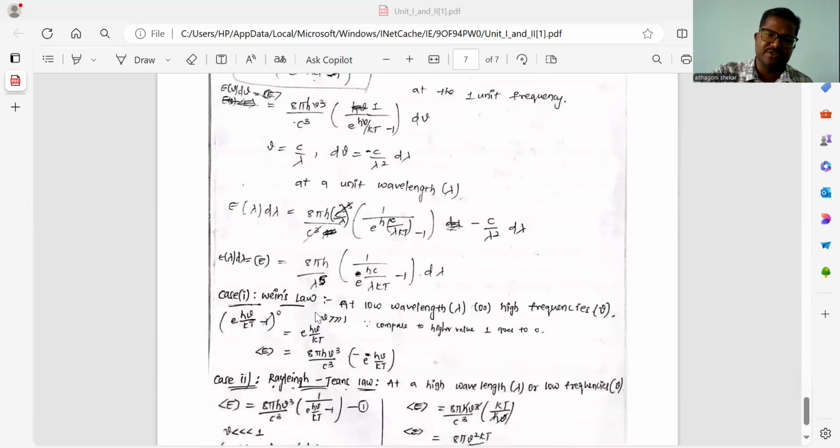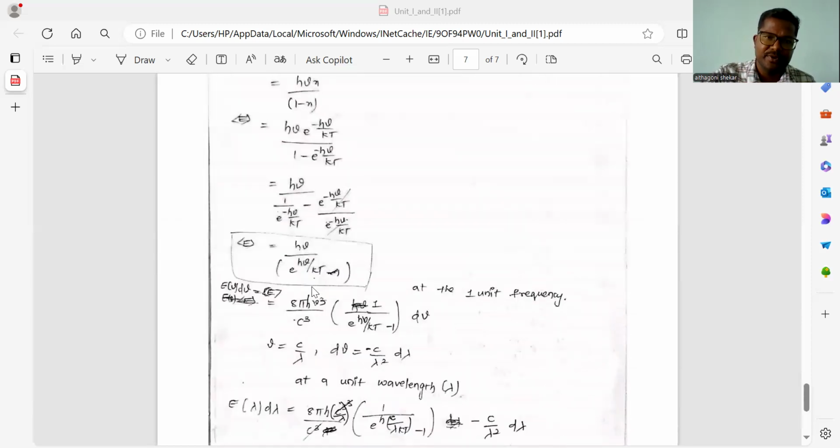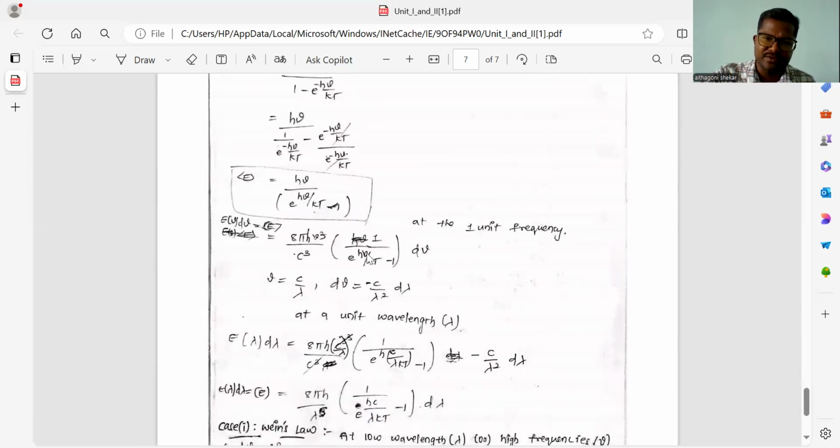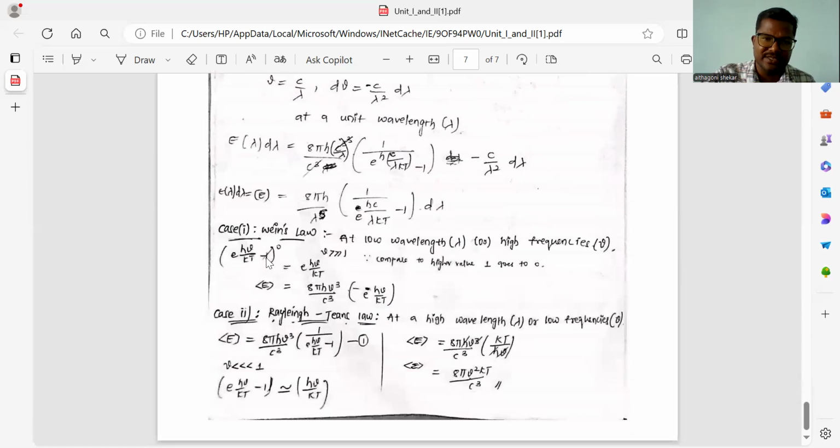Substituting into the numerator, mu is infinite, so e raised to infinity is infinite, so the minus 1 is neglected. In the first case, minus 1 is neglected. The average energy is 8 pi h mu cubed by c cubed into e raised to minus h mu by kt, because mu is very high.